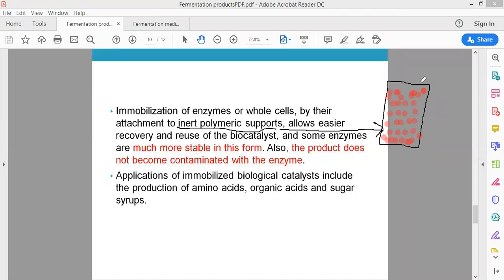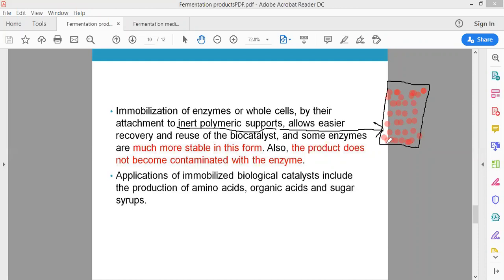So this kind of system is an immobilized enzyme system. Once you lift up this support system, you're lifting out the enzymes, and it is much easier because extraction of the enzyme is easier, and you can reuse the same adsorbed, immobilized enzyme in any other fermentation tank or in any other reaction that you're performing. So the immobilized enzyme concept has improved the entire extraction procedure.